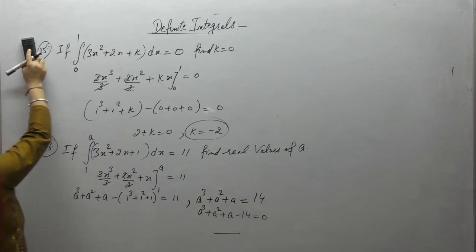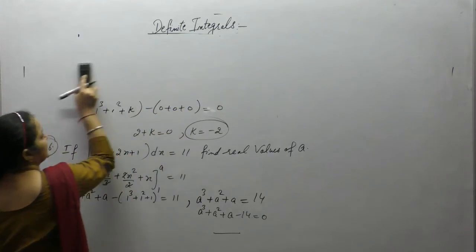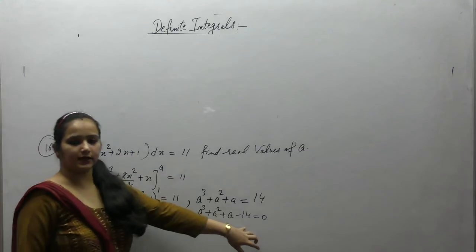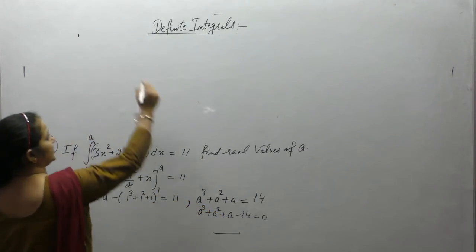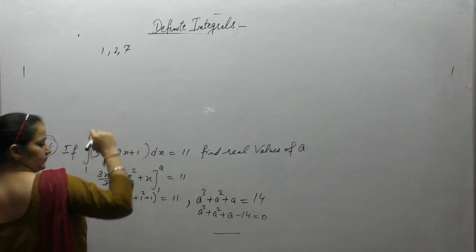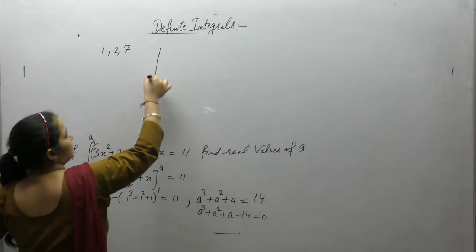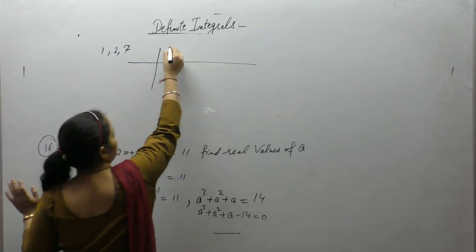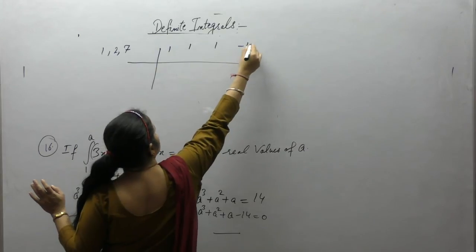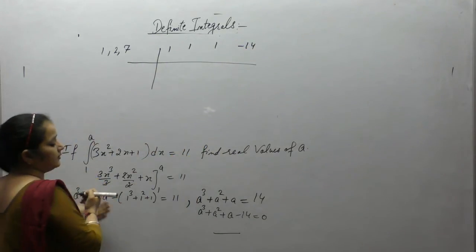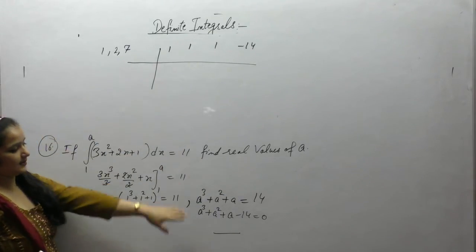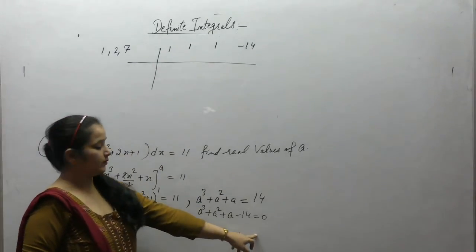हमने पिछली क्लासेस में क्यूबिक सॉल्व करना सीखा है. सबसे पहले हम क्या देखेंगे, कांस्टेंट टर्म के फैक्टर्स. Factors of 14 are 1, 2 and 7. Now divide the coefficients of a cube, a square, a and the constant term. Now put any factor in this interval to get 0.